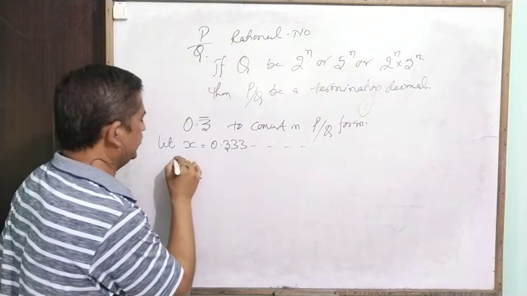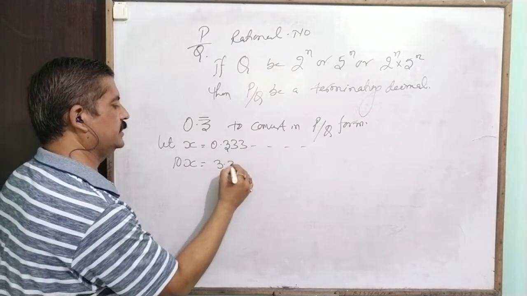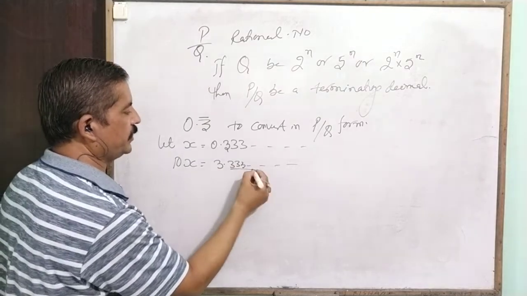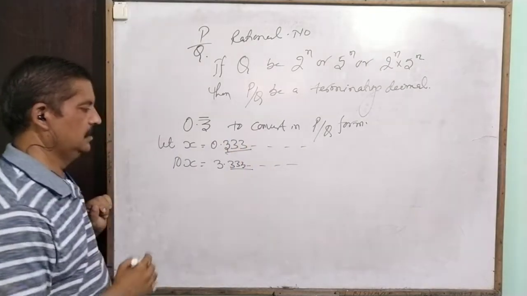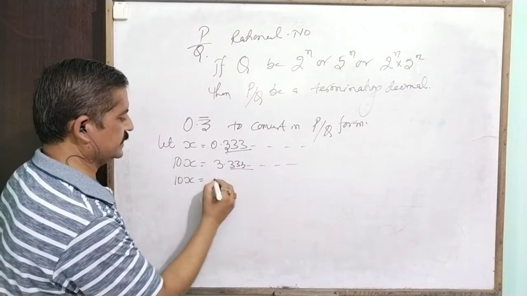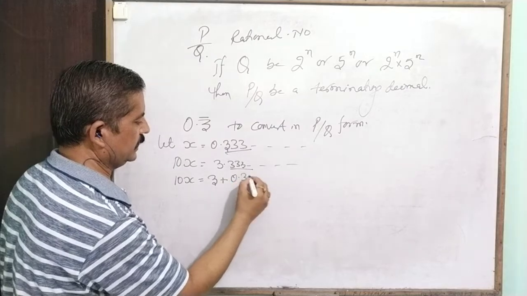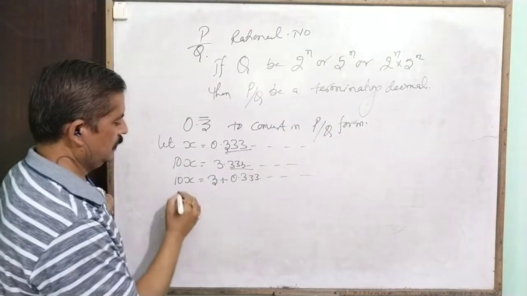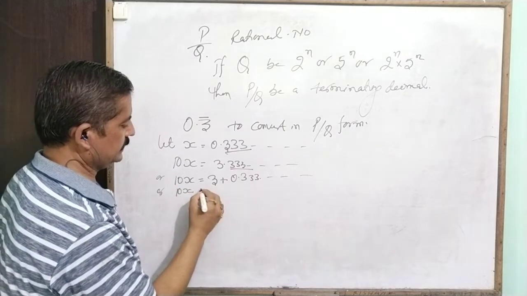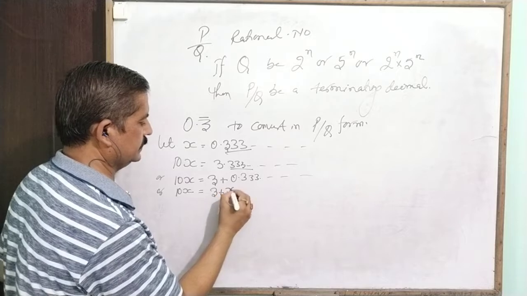When we multiply both sides by 10, 10x is equal to 3.333 and so on. The decimal parts are the same. So we also write that 10x is equal to 3 plus 0.333, or 10x equals 3 plus x.